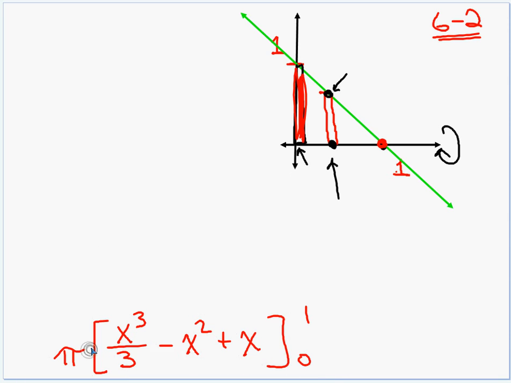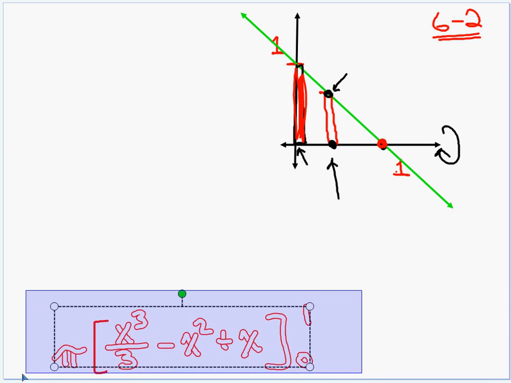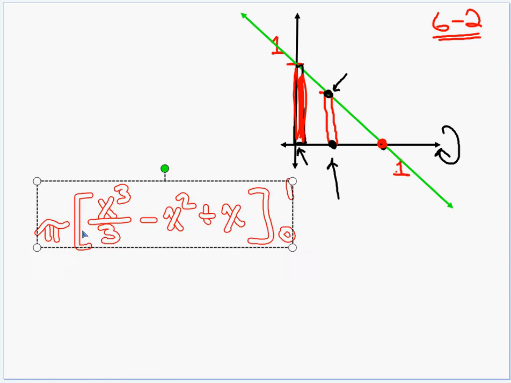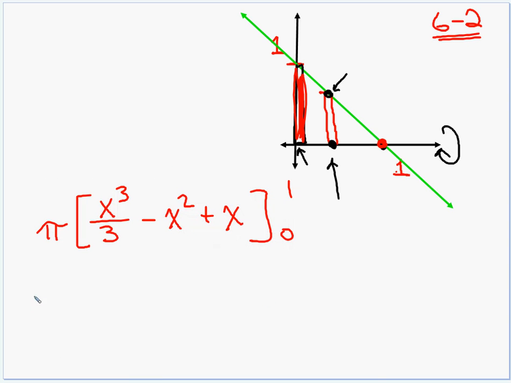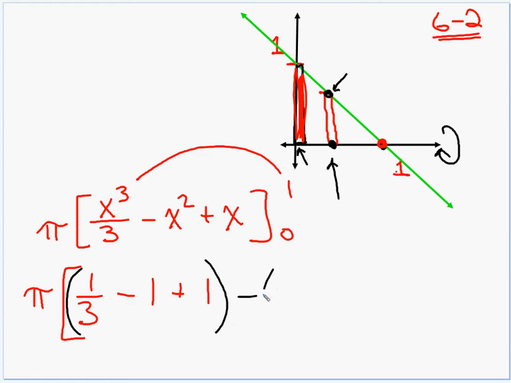Okay, time for the fundamental theorem of calculus. We got pi. I'll save that for the very, very end. But the 1 jumps in. So we're going to have a 1/3 minus 1 squared plus 1. And now just for completeness sake, this was our upper limit evaluated. We're going to minus our lower limit in there, which in this case is nice and easy.